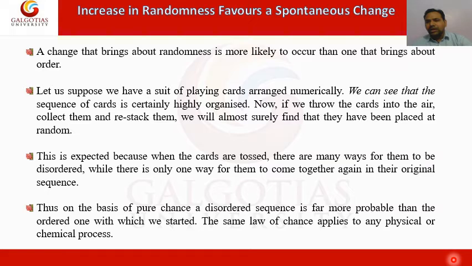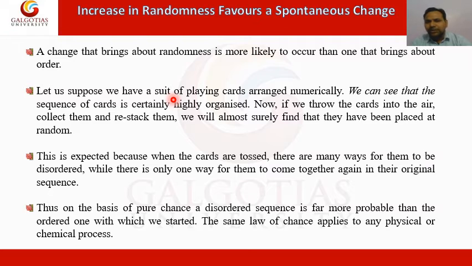The same law of chance applies to any physical or chemical process. If we provide energy to a system, the molecules gain energy and the randomness will automatically increase. Suppose we take two glasses of water, one at a temperature of 25 degrees and the other at 75 degrees centigrade.